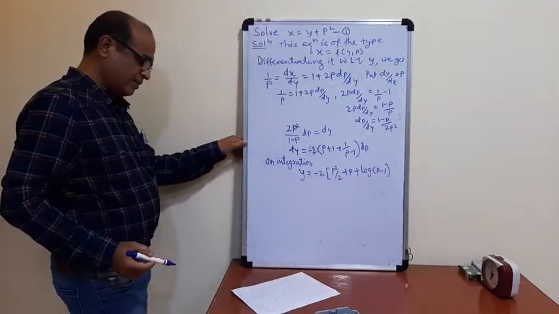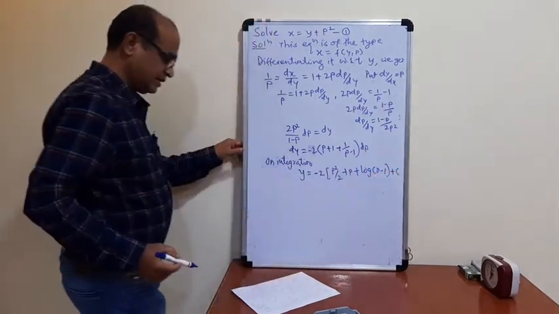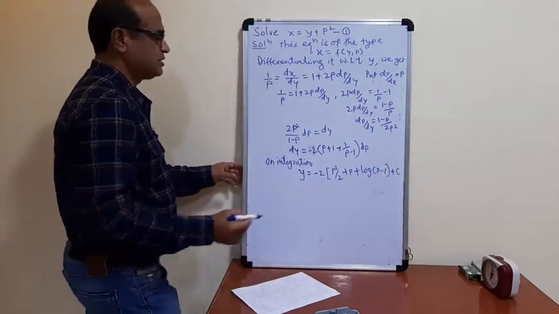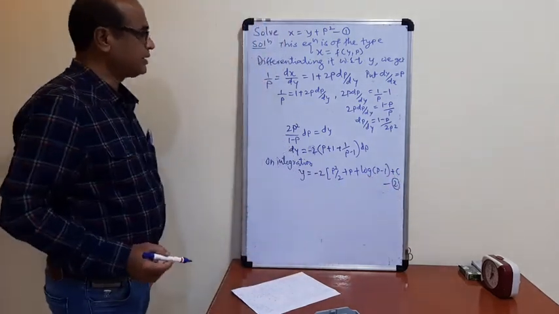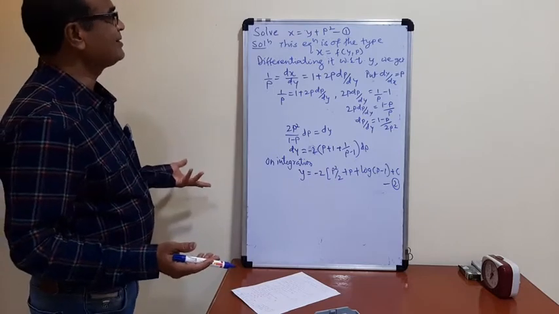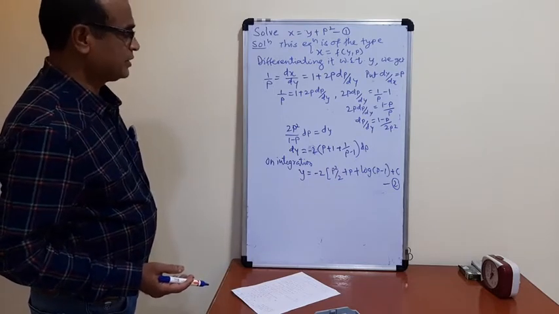Okay, p minus 1 plus integrating constant c here. So this is equation number 2. So what is the next step here?